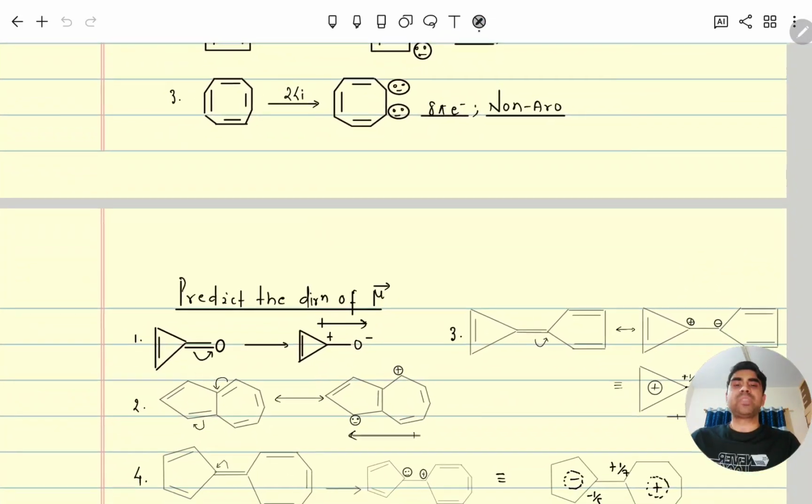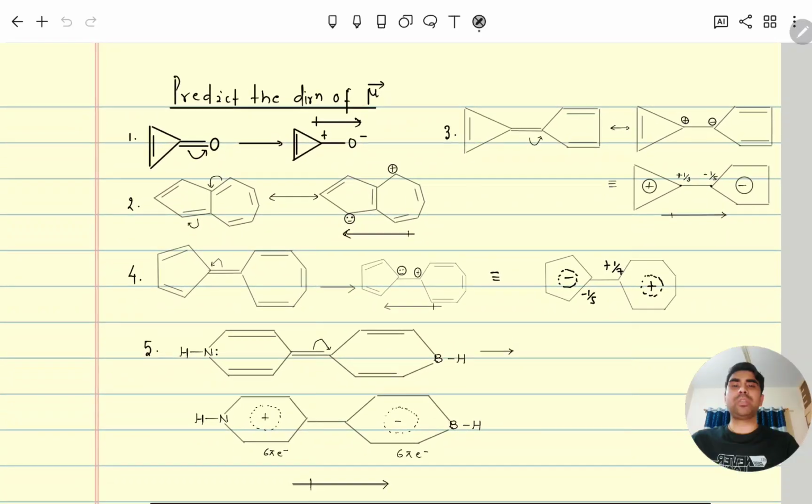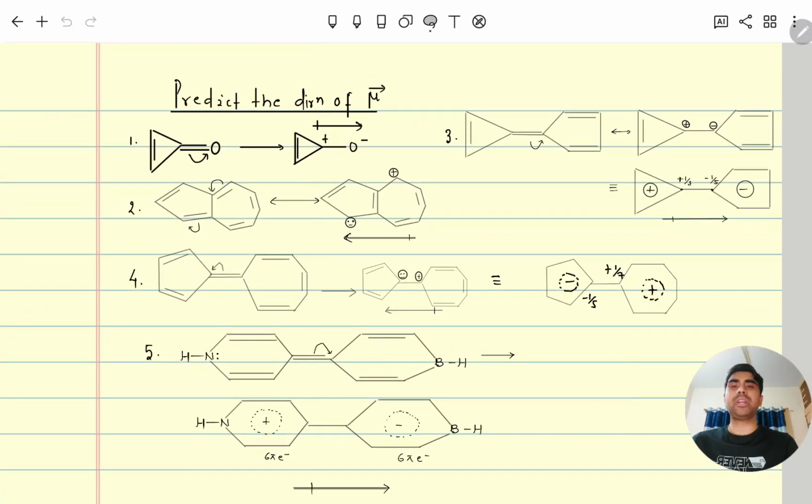Clear? Next, predict the dipole moments of the compounds. Predicting dipole moment means we will break the bond in such a manner that, if an aromatic compound is coming, then it will be a more stable product.